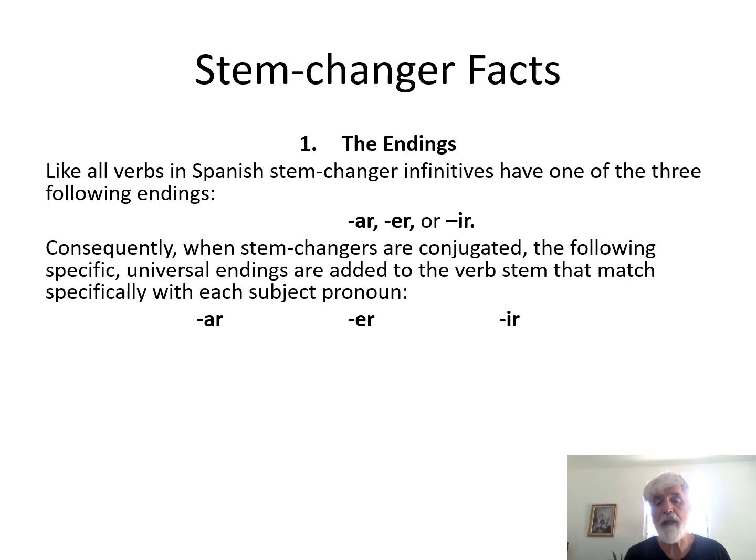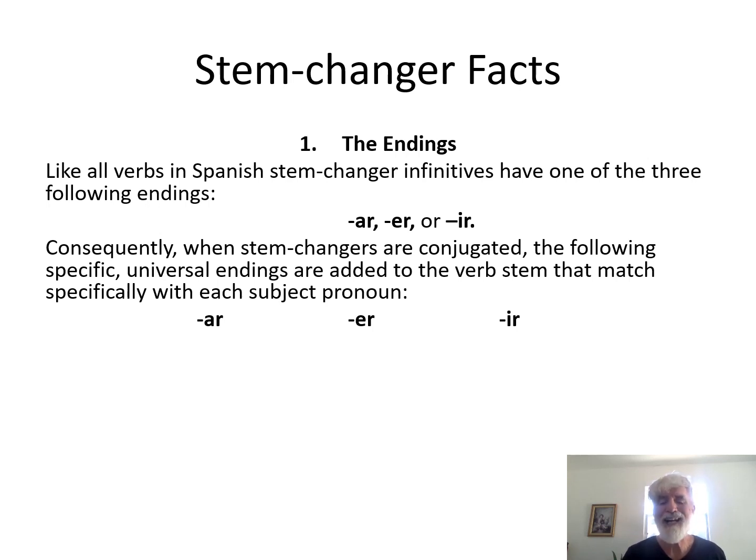Like all verbs in Spanish, stem changer infinitives have one of three of the following endings. They all end in either AR, ER, or IR. We know that. All verbs in Spanish end in AR, ER, or IR. They're in one of those three categories in their infinitive forms. Okay, and the same for stem changers. So what does this mean?